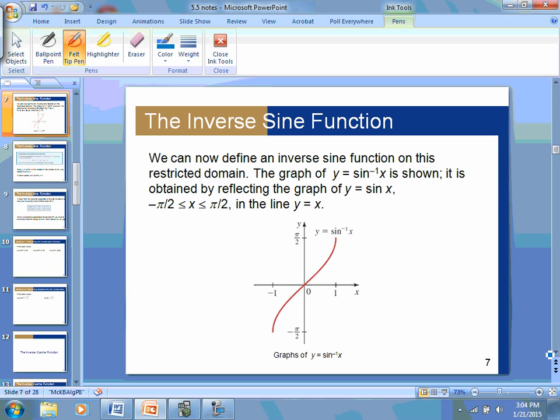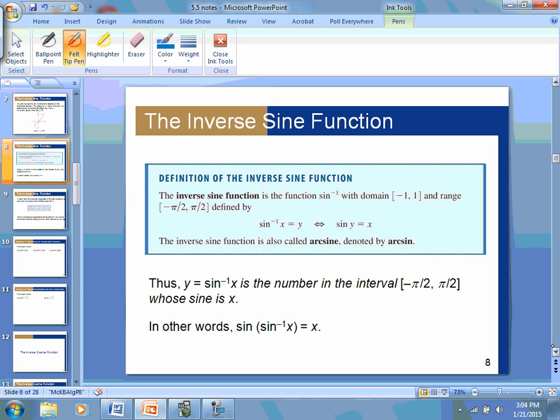So we want to have a domain for our inverse sine function of negative 1 to 1. That means those x values that we're putting into the function are going to be between negative 1 and 1. And the range, the values that we get out, our answer, is going to be between negative pi over 2 and pi over 2.